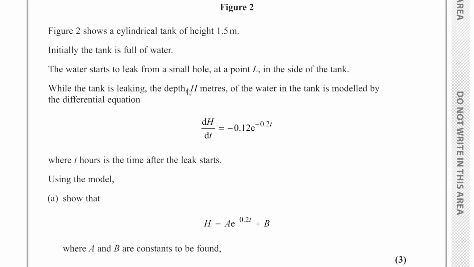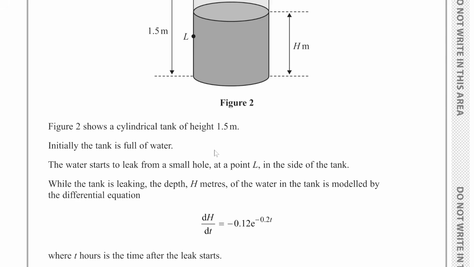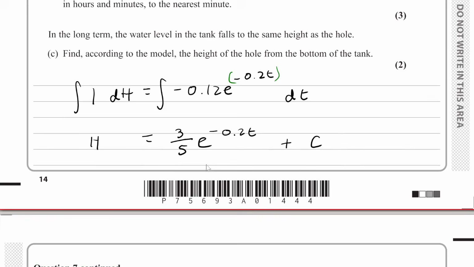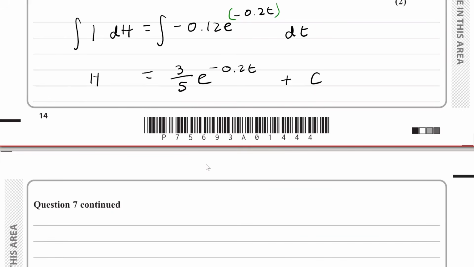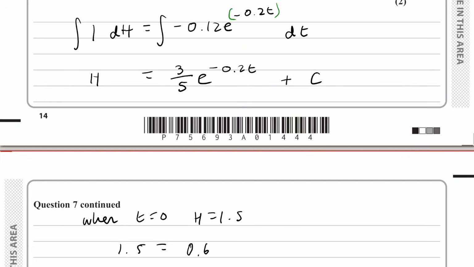So what do we know? We know when t is 0, h is 1.5. So 1.5 equals 3/5, 0.6, times e to the power of 0, which is 1.